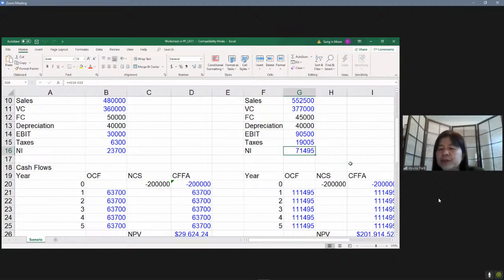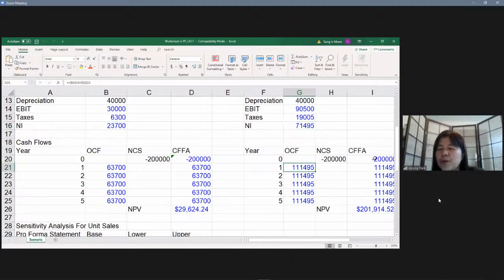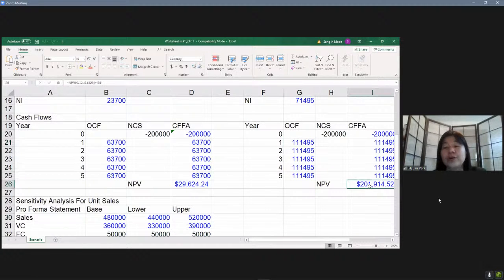You should be able to calculate operating cash flow and cash flow from assets. And look at the huge difference between the best case scenario and the base case scenario.